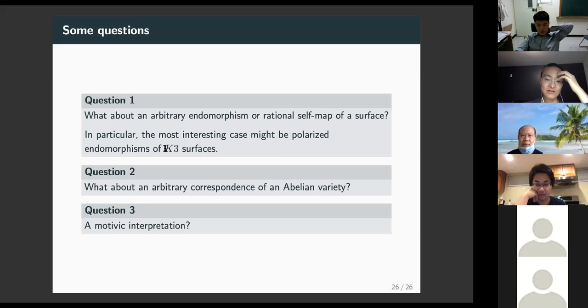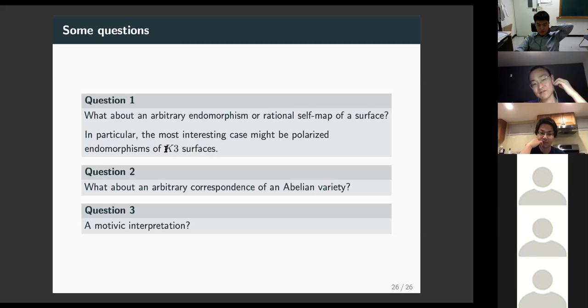If you consider the motive of this K3 surface, we have the Künneth decomposition. We can decompose the H2 part as H2 algebraic and H2 transcendental part. The transcendental part corresponds to the algebraic zero cycles of degree 0.